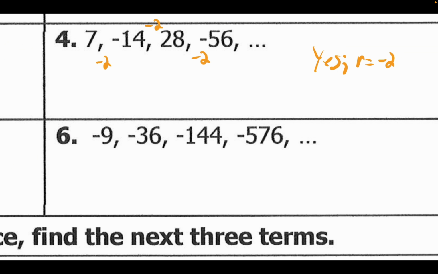On number 6 here, negative 36 divided by 9 is negative 4. Negative 144 divided by negative 36 is positive 4. And negative 576 divided by negative 144 is also positive 4. And so yes, this is a geometric sequence, with the ratio being positive 4.